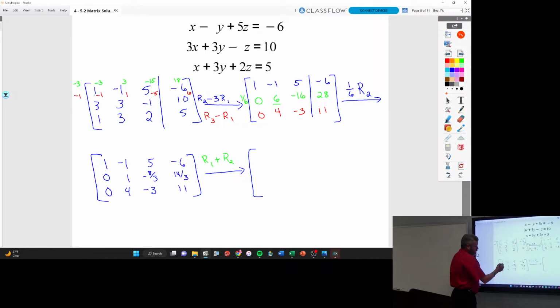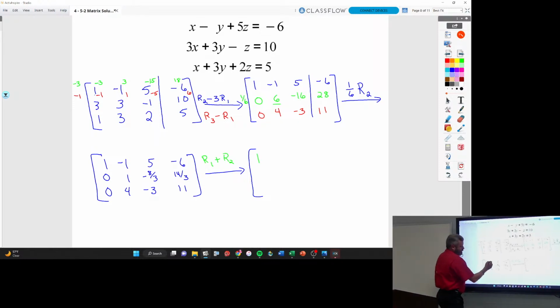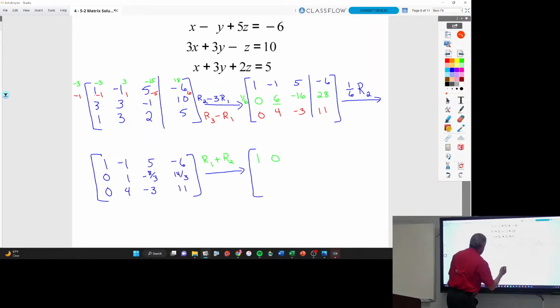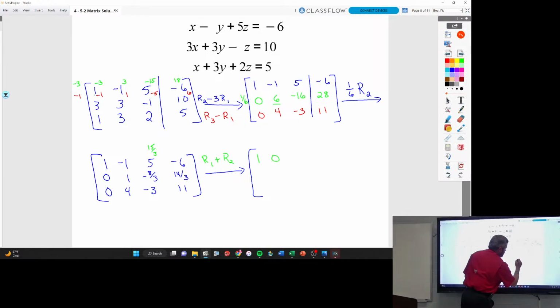Well, 0 plus 1 is 1. Negative 1 plus 1 is 0. 5 minus 8/3, well, let's see, 5 would be 15/3, because 15 divided by 3 is 5. 15 minus 8 is 7, so that would be 7/3.